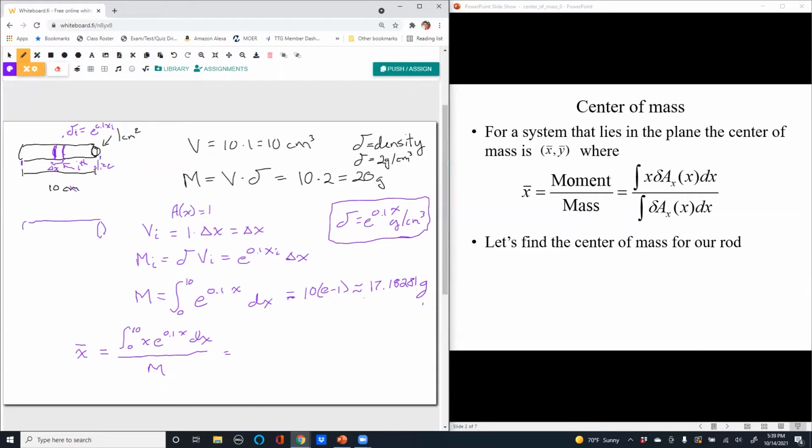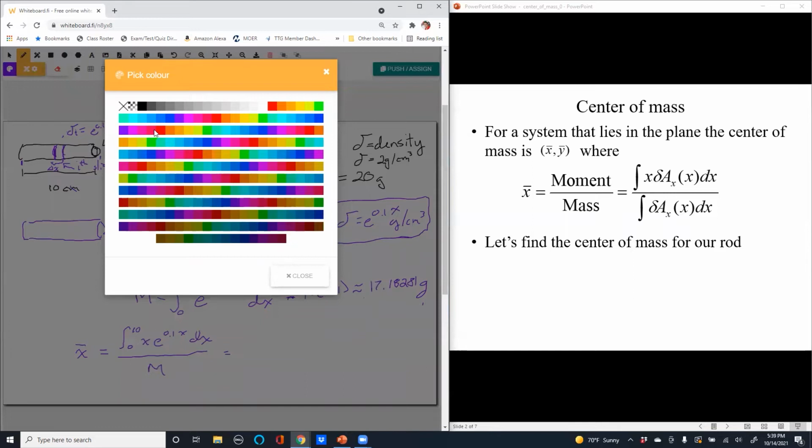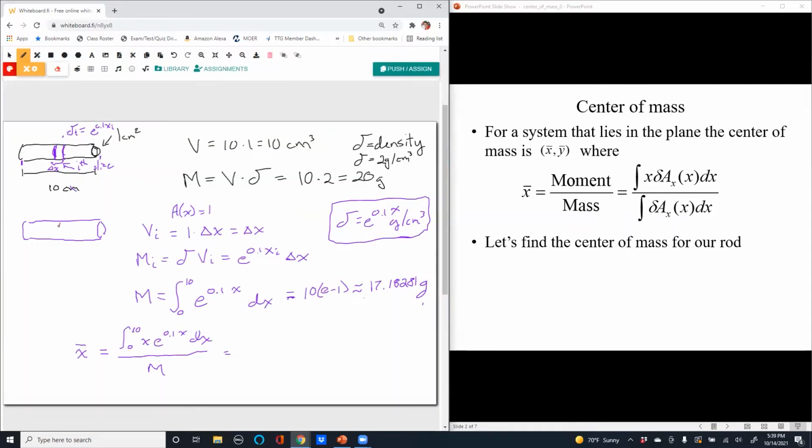So we have a rod here. Let's put in a center on this rod. That's 5. Over here is 10. Over here is 0.